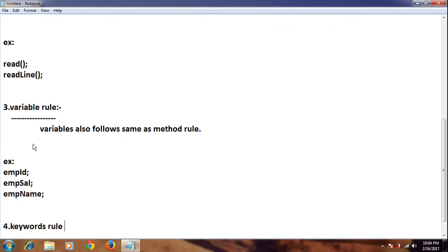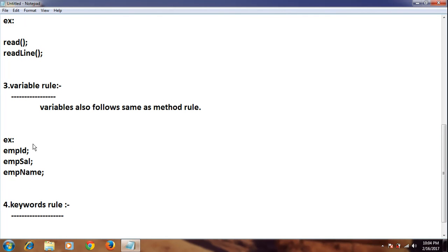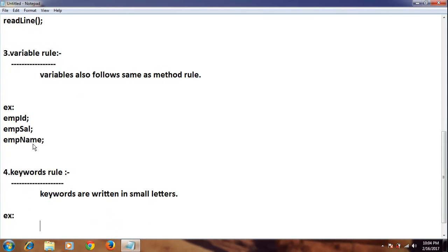And the keywords rule is nothing but all keywords are written in small letters. For example, we have so many keywords: int, float, interface, package.